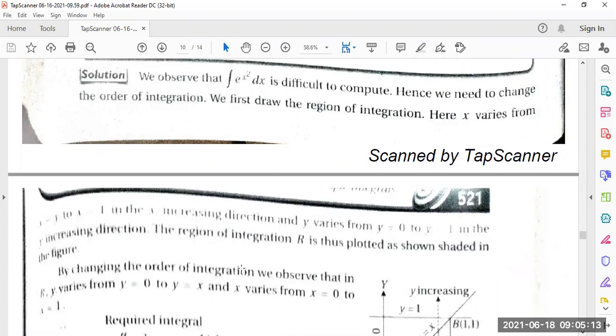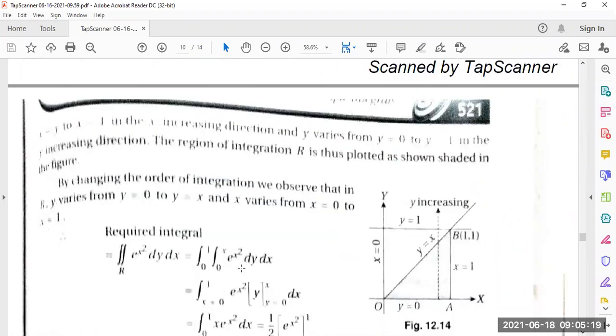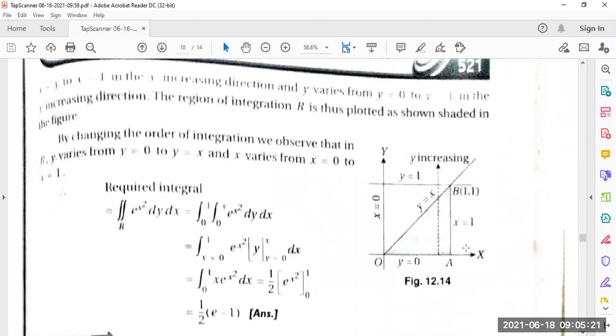In this direction, the region of integration R is plotted as the shaded region. Here the x-axis and y-axis are taken, with x equal to 0, y equal to 0, y equal to x, and y equal to 1. This is the region of our integration, the triangle OAB.